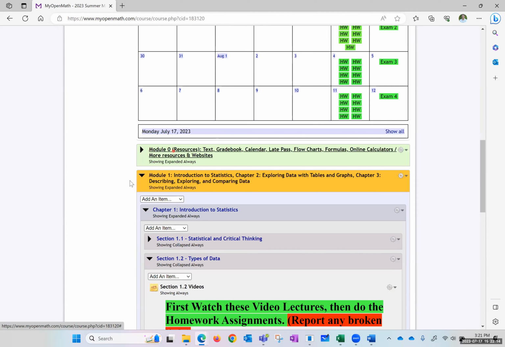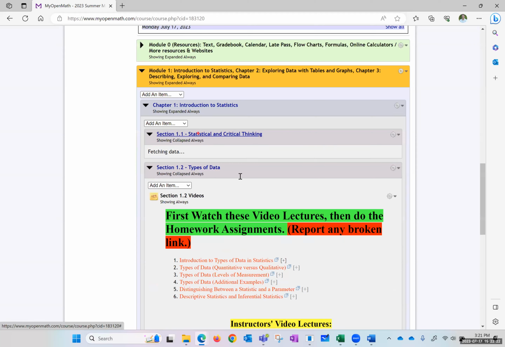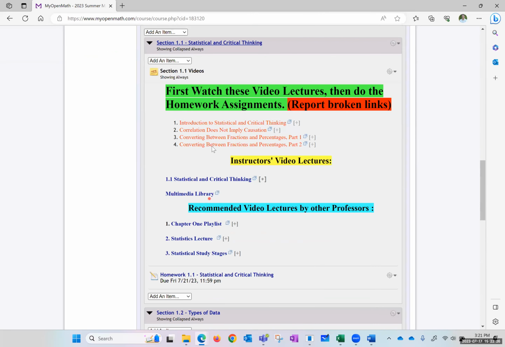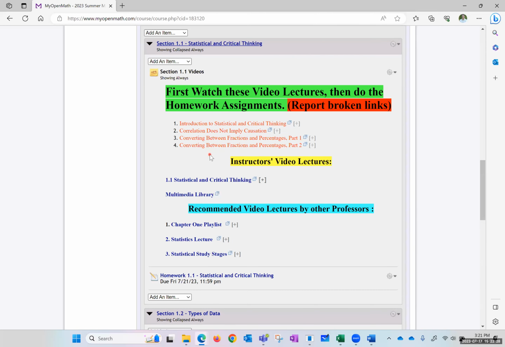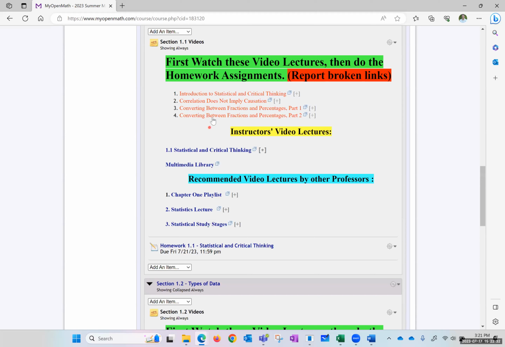The only thing you're concerned with for now, for the first exam, is the first module. And when you go to the very first section, you have the PowerPoints, and the red ones may be good enough for you to get started with the homework. If you watch those, and they are not, by the way, too long, you go to do the homework and you feel comfortable, you're done for that section.